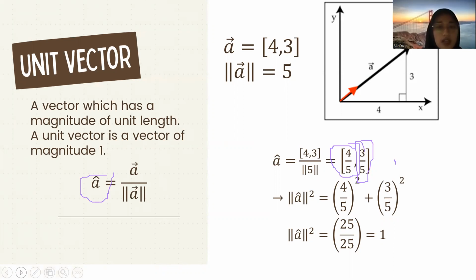So the magnitude of A hat squared is equal to (4/5) squared plus (3/5) squared, which is equal to 25 over 25, which is equal to 1. So the magnitude of A hat is 1.